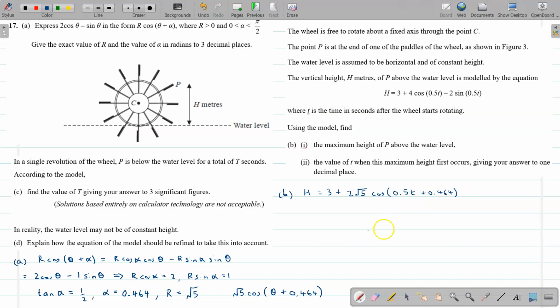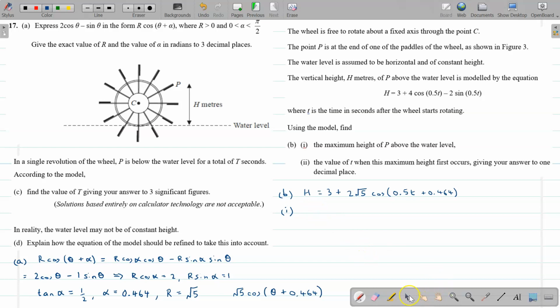Okay, now what we've got to do is find the maximum height. Now, because of the fact we've just got one trig ratio here, this makes this very easy to do, because all we need to do is recognize that the cos of something can take values between -1 and 1. So the highest value of this is when cos of that equals 1.